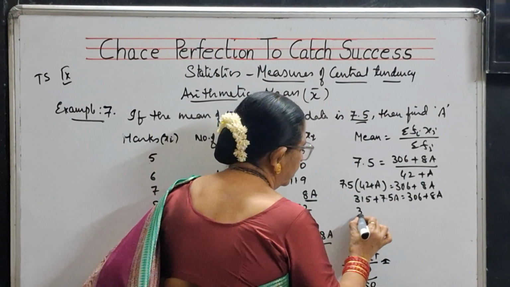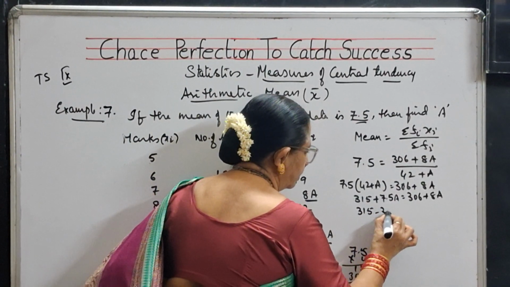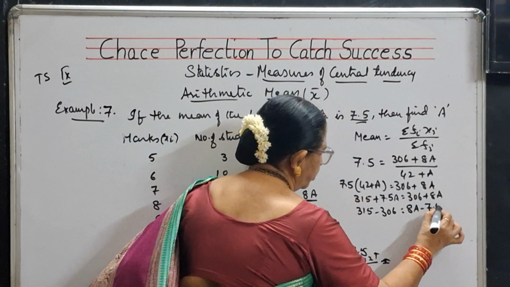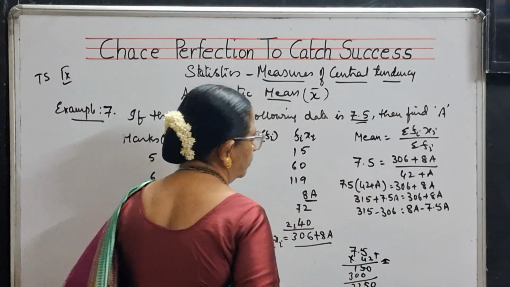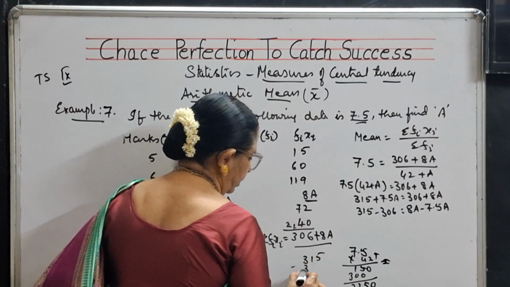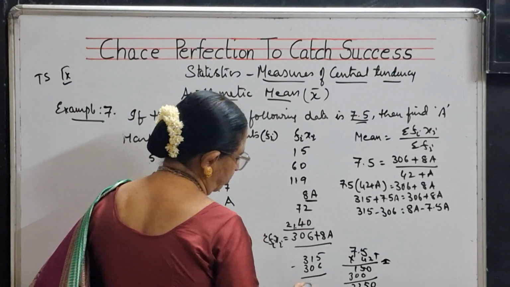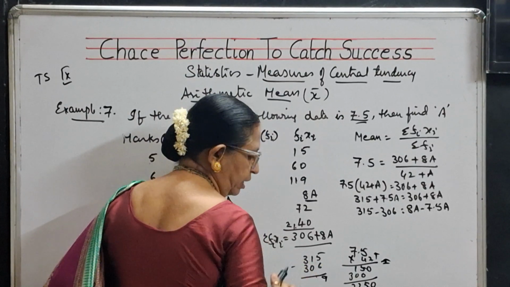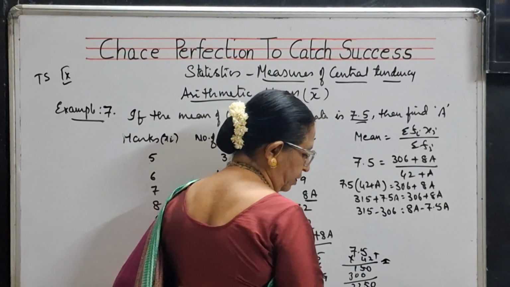So 315 minus 306 is equal to 8A minus 7.5A. So from 315 let us subtract 306. So how much are you getting? This is 9. Only 9 you are getting it here.